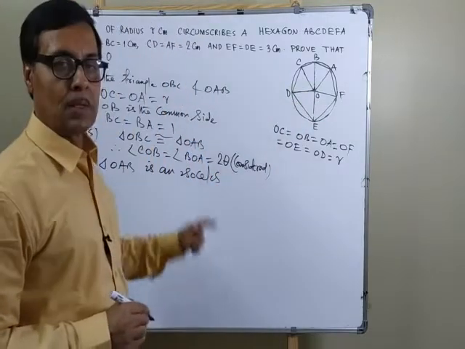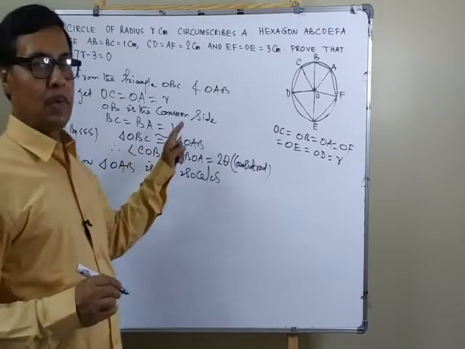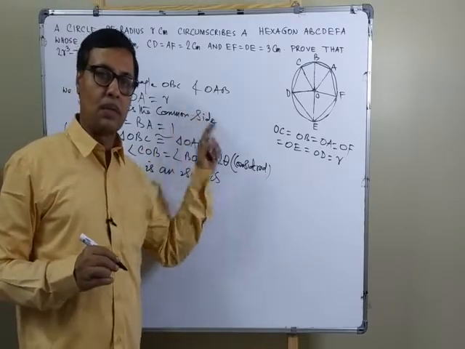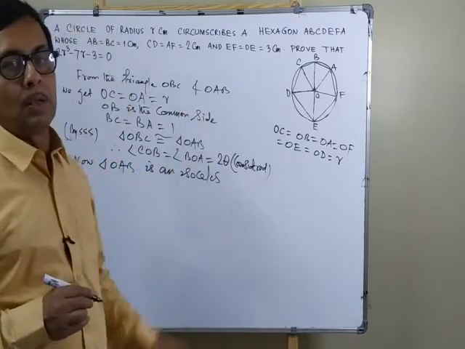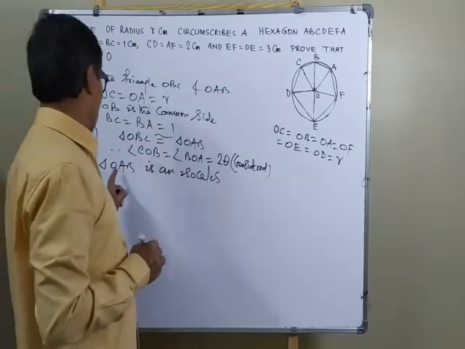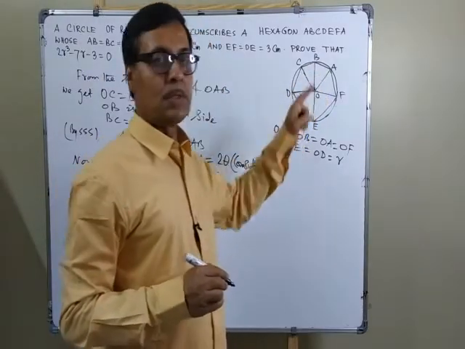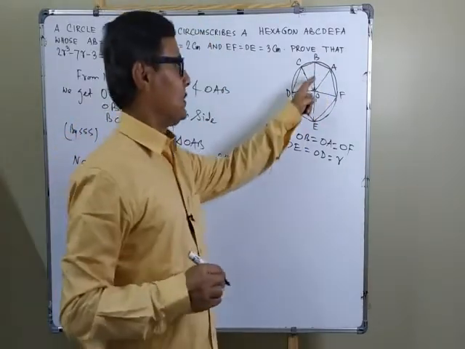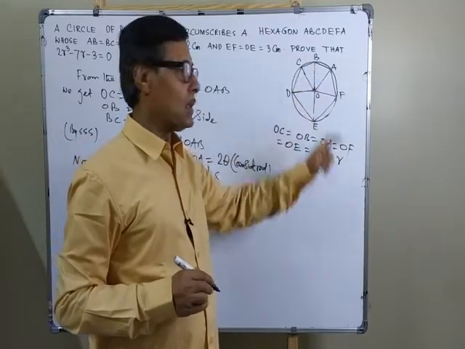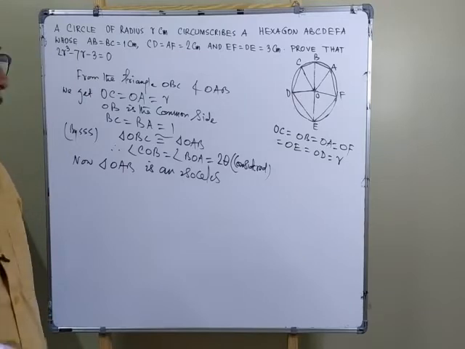Two of its sides are equal. If any two sides of any triangle are equal, then this triangle is called an isosceles triangle. OAB has two sides, OB and OA, of the same length r, the radius of this circle. So this triangle is called an isosceles triangle.